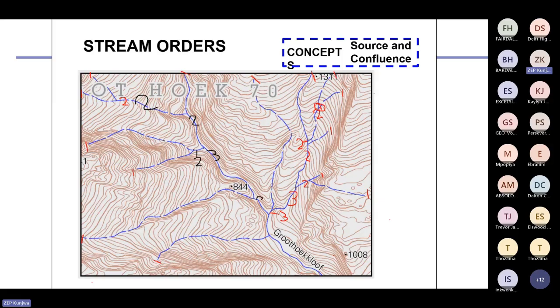They meet here and give you order number 4. Then order number 4 is another confluence, meeting with order number 1. So at the end, the order of the stream is order number 4.